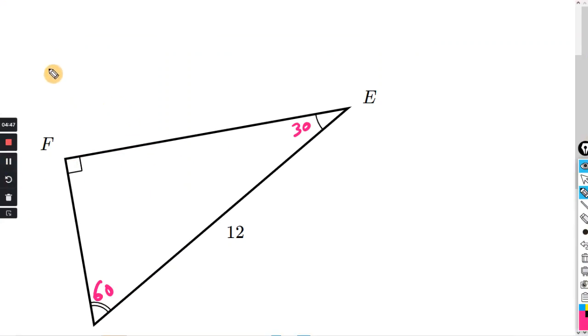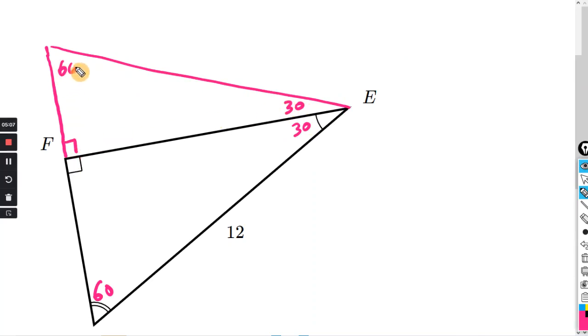If I extend this right here and draw this in right here, remember this angle is bisected. If this is 30, then this is 30. If this is 90, of course this is 90. 30, 90, this has to be 60 right here.